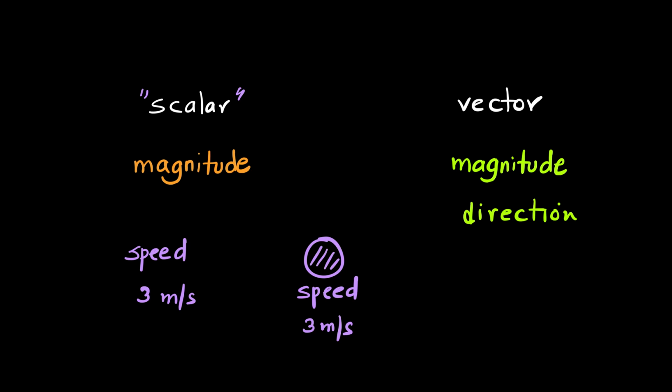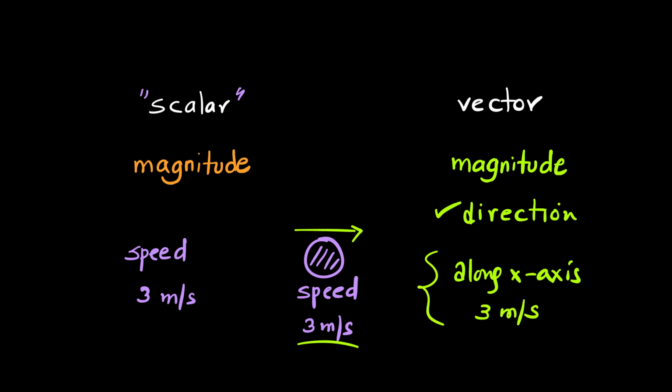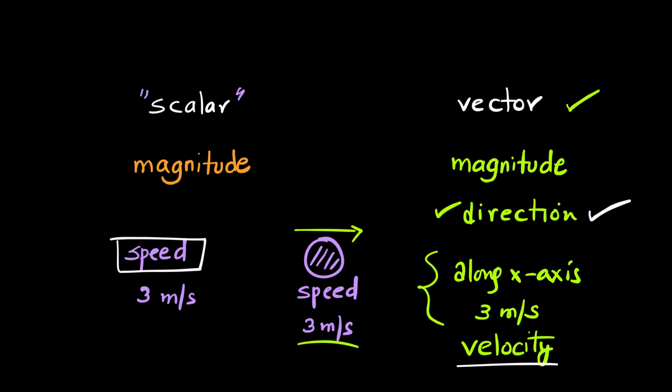But if I say it's traveling with a speed of 3 meters per second along the x-axis, now along the x-axis is giving me the direction and the magnitude is 3 meters per second. Therefore, we will now call it velocity. Velocity is a vector quantity. In other words, speed in a particular direction is velocity.